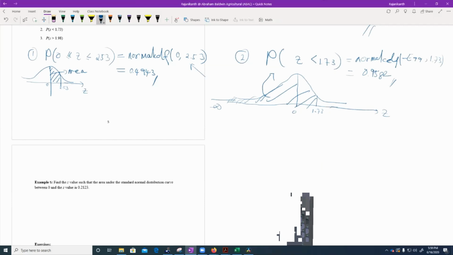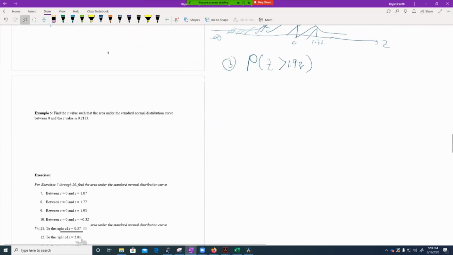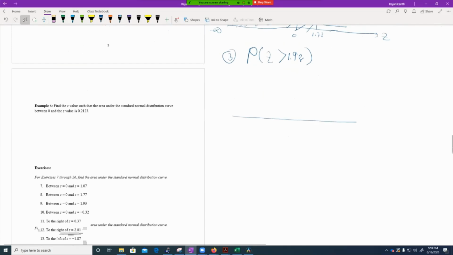Okay. Similarly, for number 3, you are asked to find the probability of z being bigger than 1.98. If you look at the picture here, 0 will be somewhere here. This is z. Now z should be bigger than 1.98. 1.98 is somewhere here.